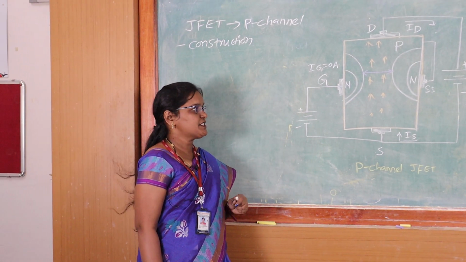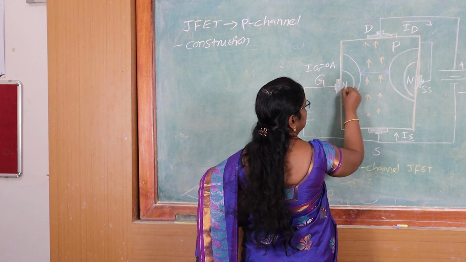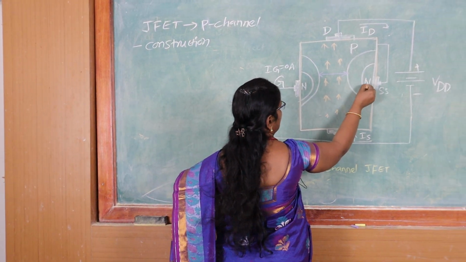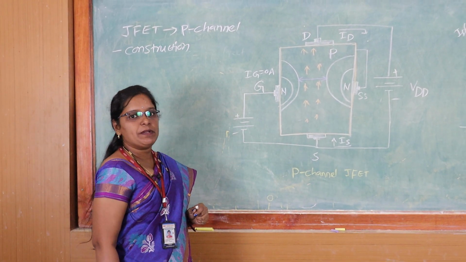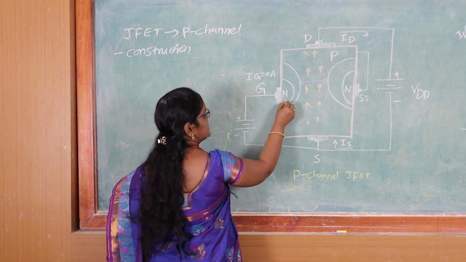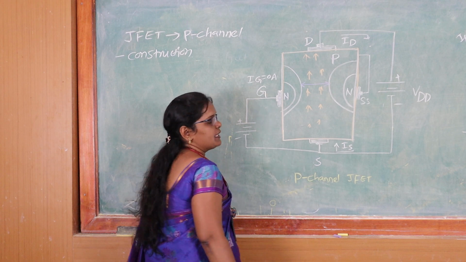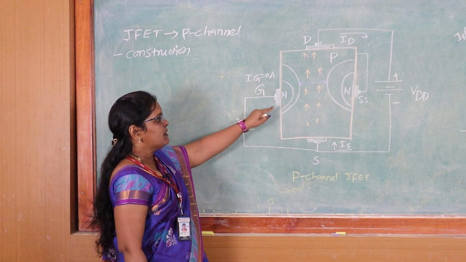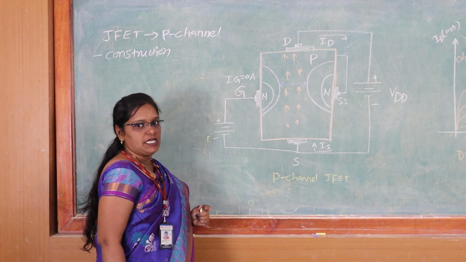Then we will take N type material and dope the two terminals with heavily doped N type material, which forms an ordinary PN junction here, and here also an ordinary PN junction. So there will be a depletion region, and they are wedge-shaped in nature.